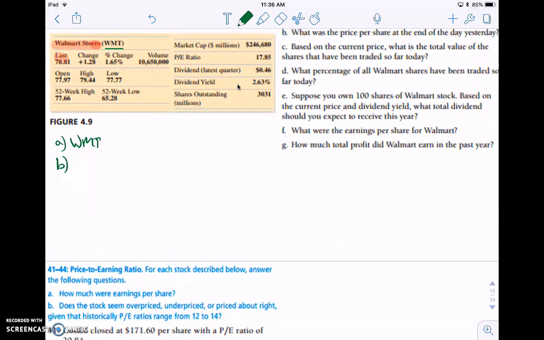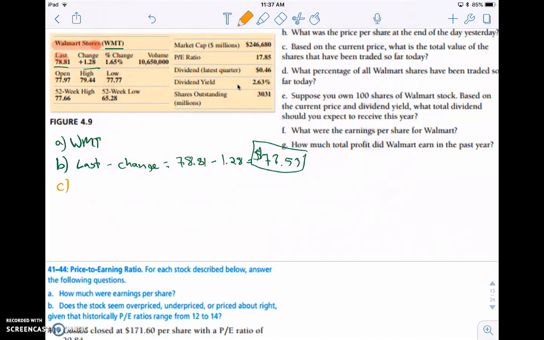To find the price of the share at the end of the day yesterday, we're going to take the last, and then subtract from that the change, how much it's changed over the day. So here's last, here's change. So 78.81 minus $1.28, and we get $77.53. So that was the price per share at the end of the day yesterday. And that's how we'll come up with that.